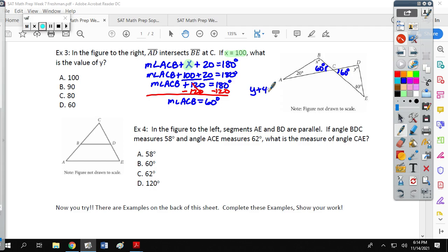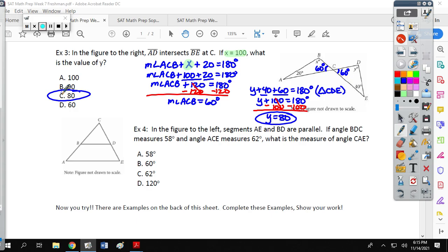Y plus 40 plus 60 has to equal 180 degrees as well, which is me adding up the angles in triangle CDE. So that would be, again, add like terms, y plus 100 equals 180, so y has to be 80, because we would subtract 100 from each side to solve for y. So y is 80.